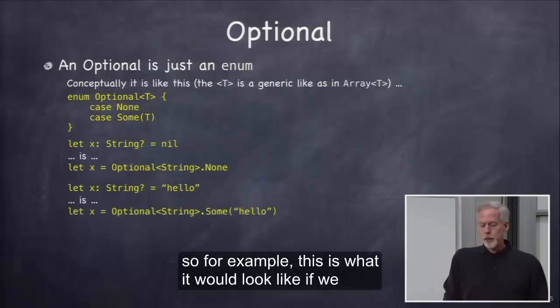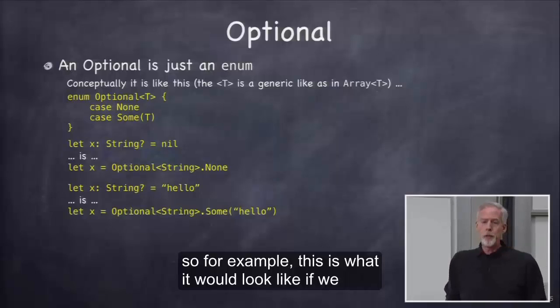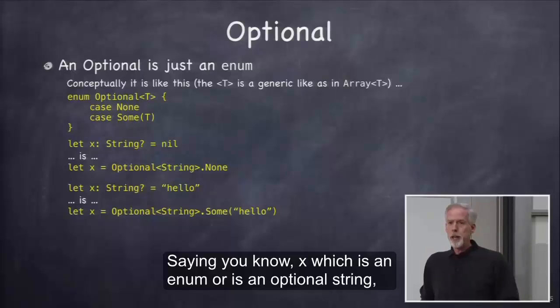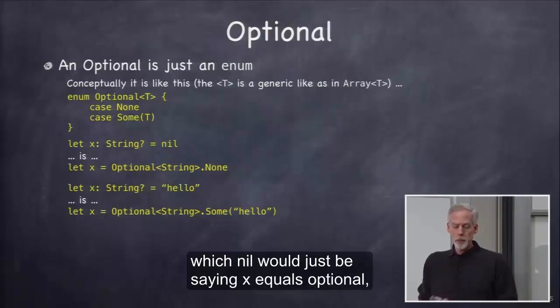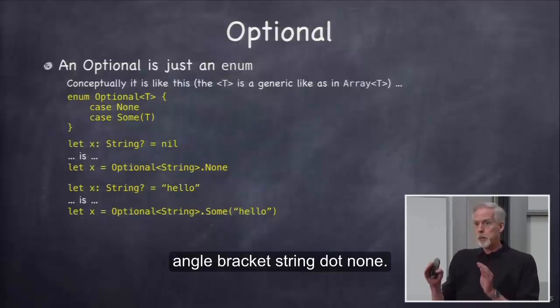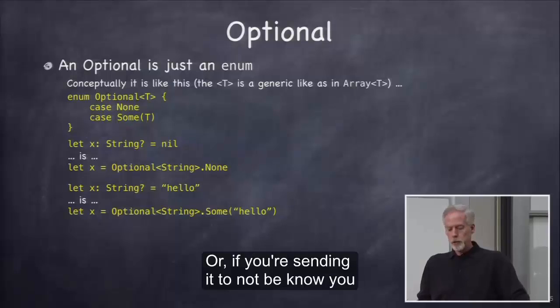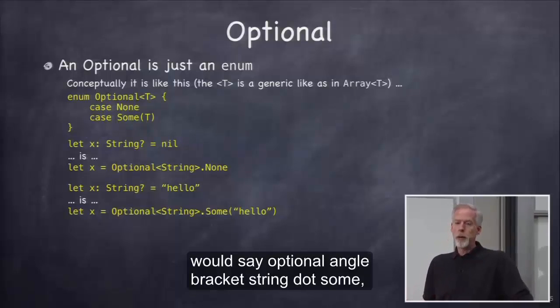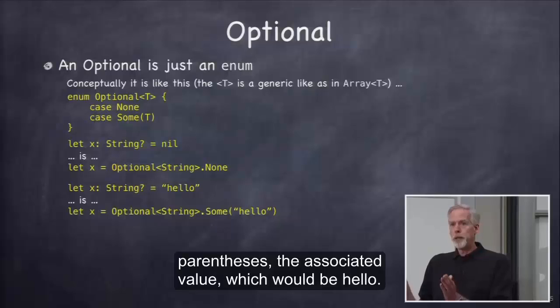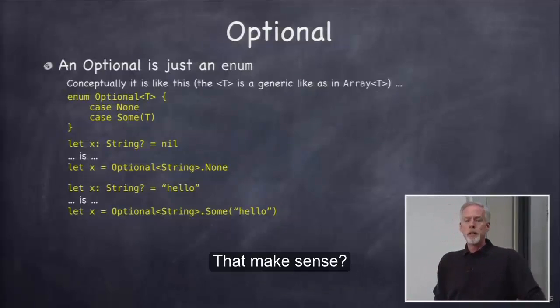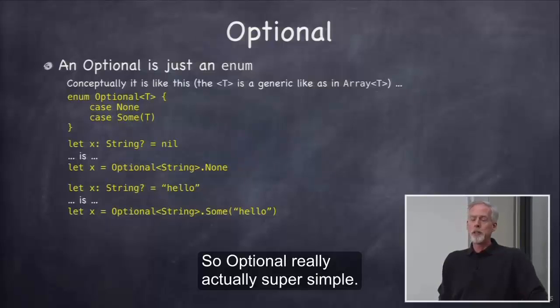And so, for example, this is what it would look like if we used the enum notation to do an optional. Saying x, which is an optional string, equals nil would just be saying x equals Optional<String>.none. Or if you're setting it to not be none, you would say Optional<String>.some(the associated value), which would be hello. Does that make sense? So optional is really actually super simple.